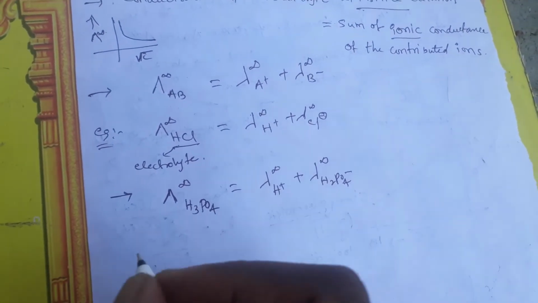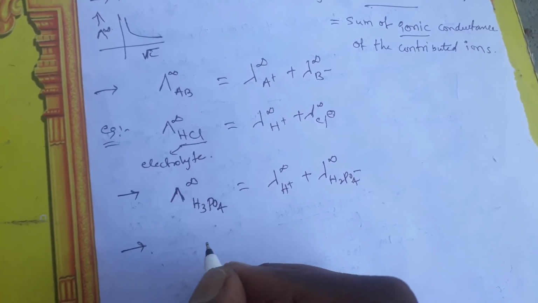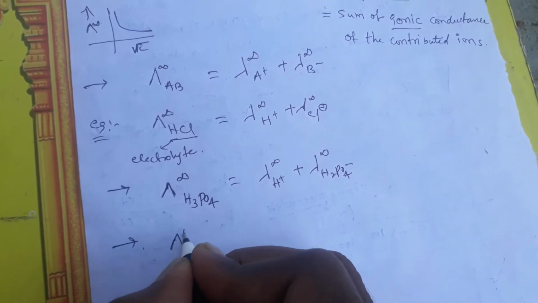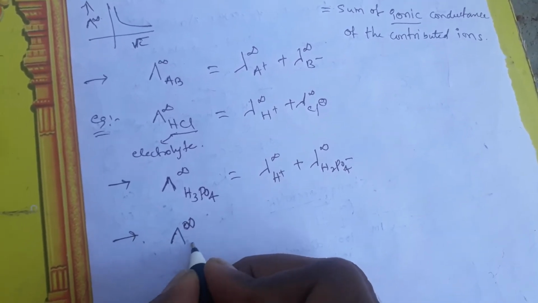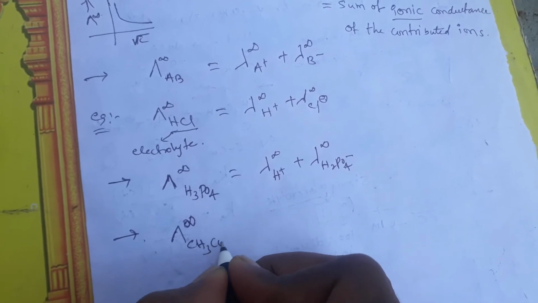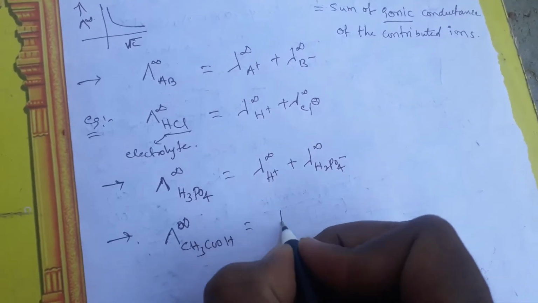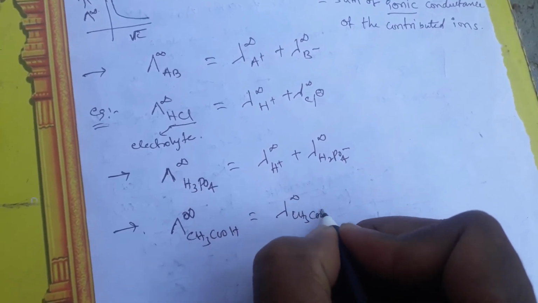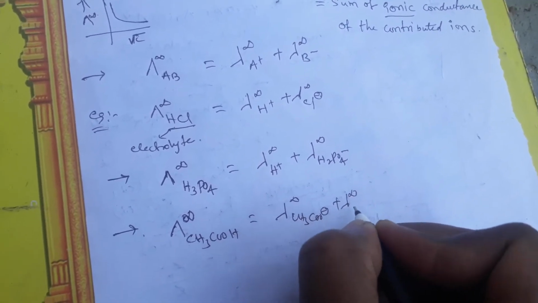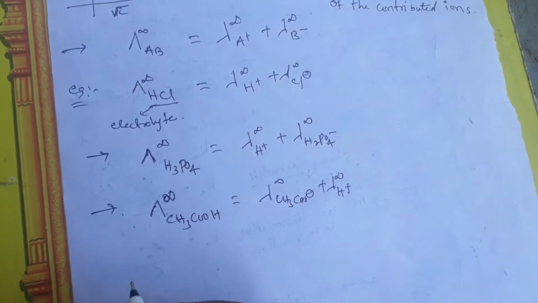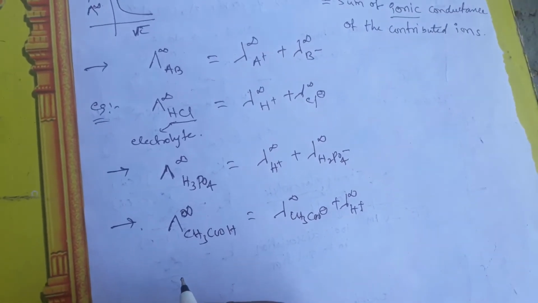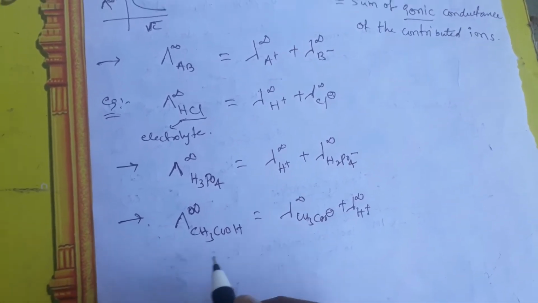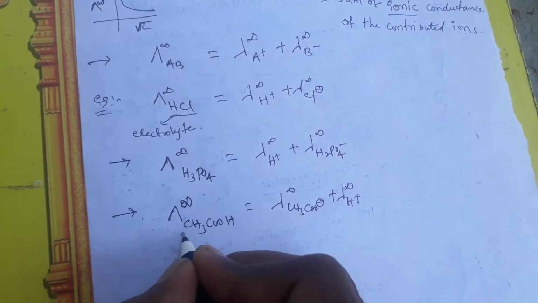So this is the first ionization of H3PO4. Next, if you see lambda infinity of CH3COOH, these are weak electrolytes. So this depends upon lambda infinity of CH3COO minus plus lambda infinity of H plus. Like this, there are so many electrolytes, and these are the electrolyte conductances.